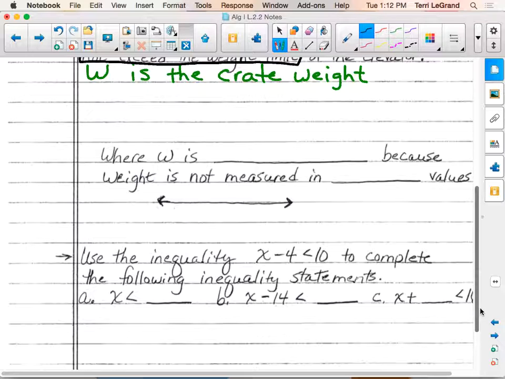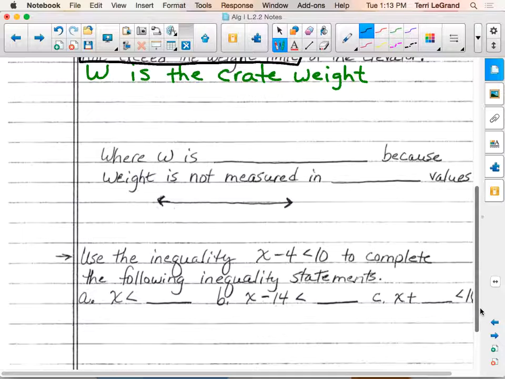So now you get to use numbers and symbols and variables, and you don't have to have any words in here. You have an inequality solution, but you don't have an inequality statement to start us out. Don't do any arithmetic, don't do any simplifying, don't do any solving, just set up the statement that represents this.